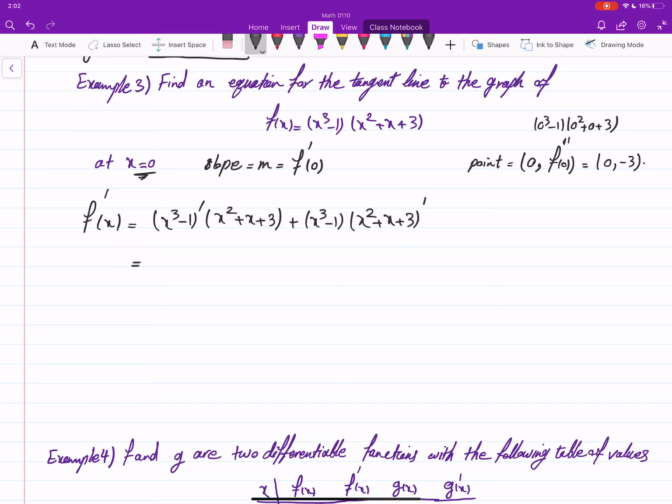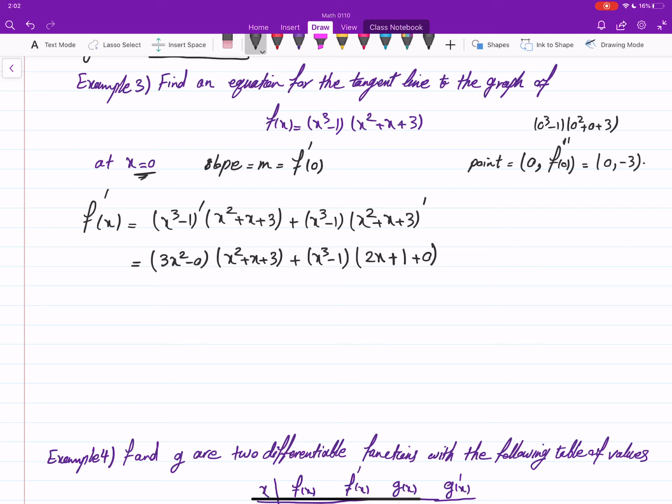I will do the differentiations a little bit faster now. X cubed, power rule you apply, it's 3x squared minus 0. And for x squared plus x plus 3, it will be 2x plus 1, derivative of 3 is 0.